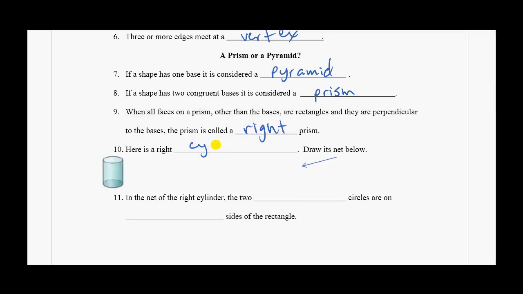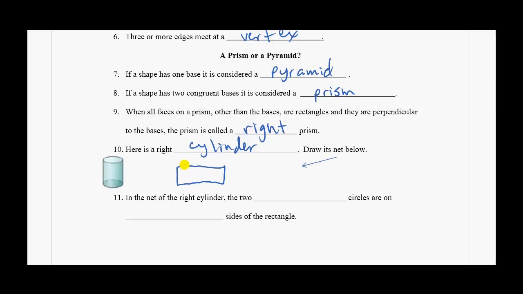Here is a right cylinder. To draw the net of a cylinder, we have to recognize that the curved area, or the body of the cylinder, unfolds to make a rectangle.